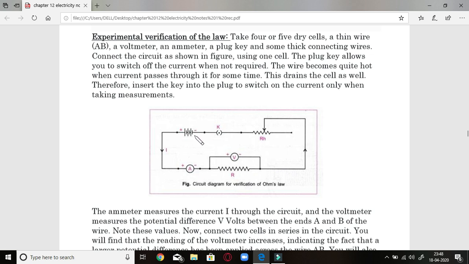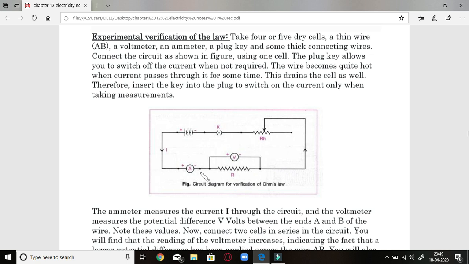The second time he put two cells, and he found that the value of current increased slightly more compared to the earlier one, and so did the potential difference. And of course by putting 3 or 4 cells, the value of current through the ammeter will be much more, and the voltmeter reading will also be very high, right?